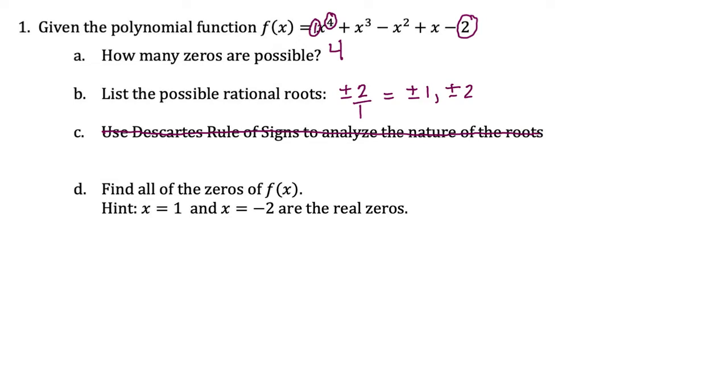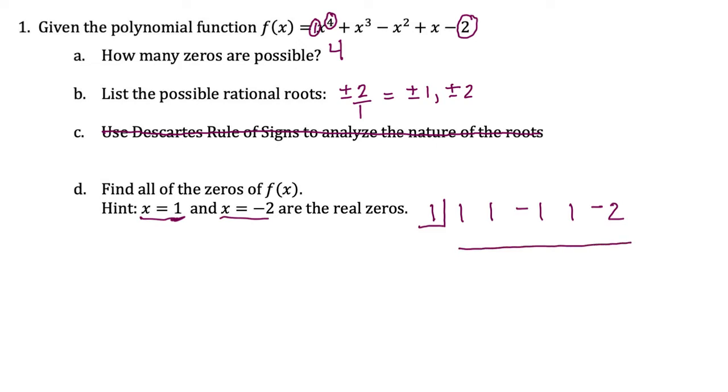And then part D, we have to find all of the zeros for f of x. So to find all of those zeros, they've gone ahead and given us 2 of them. But remember, there's a total of 4. So we're going to use our synthetic division here, and we're going to pull our coefficients, 1, 1, negative 1, 1, negative 2. And I'm going to use the first zero they gave us, which is positive 1.